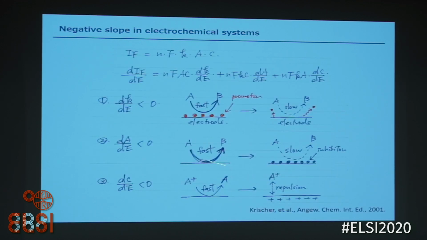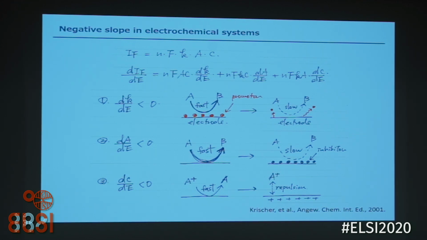The Faraday current in an electrochemical system can be expressed by the product of electron number n, Faraday constant F, reaction rate constant k, surface area A, and the surface concentration of active species C. Now we are interested in the negative value of the slope, and n and F are constants. They never depend on potential.